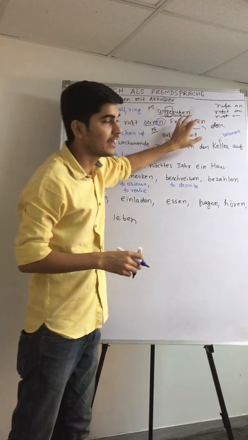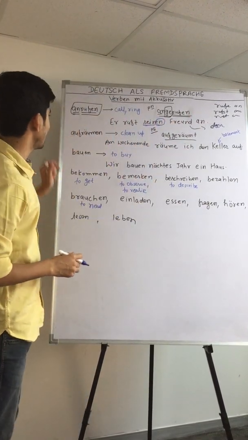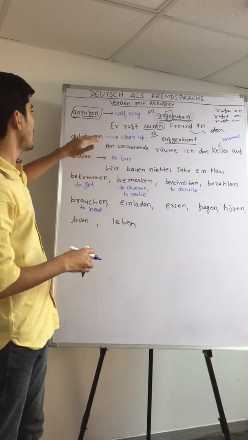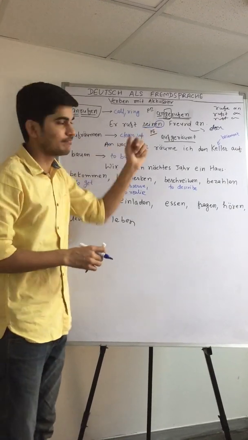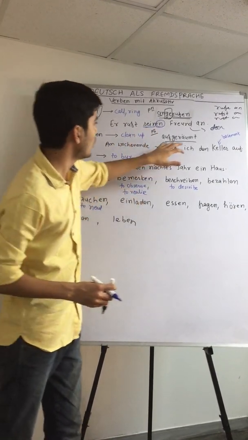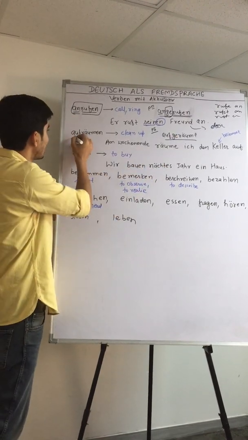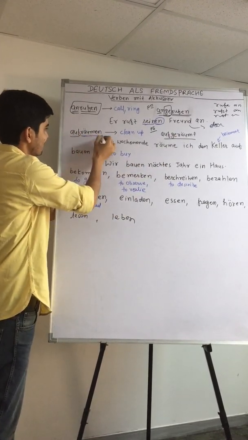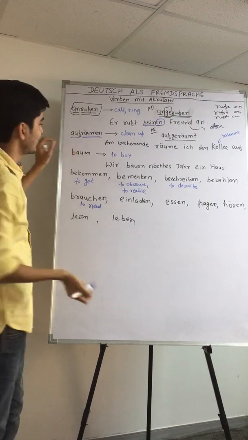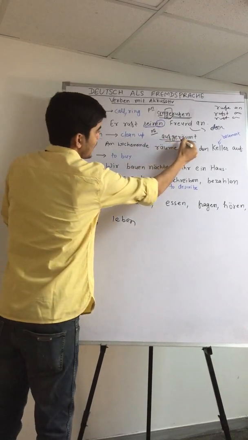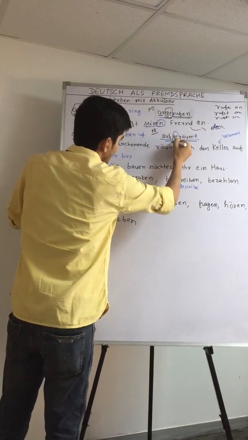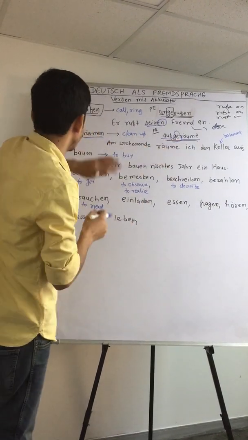Ruft seinen Freund an. Second one, aufräumen. Aufräumen, to clean up. Aufgeräumt is the participle. Aufräumen is also a separable verb, that is auf and räumen, and in between them we put ge: aufgeräumt.